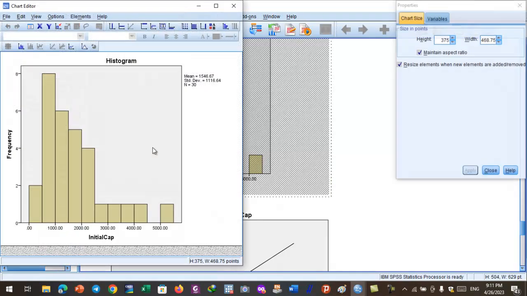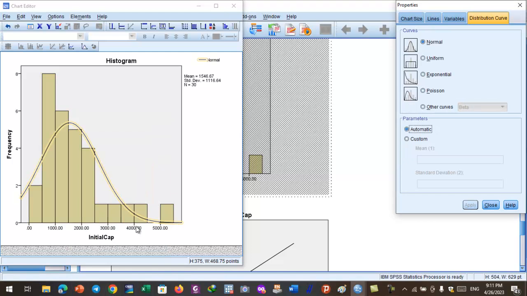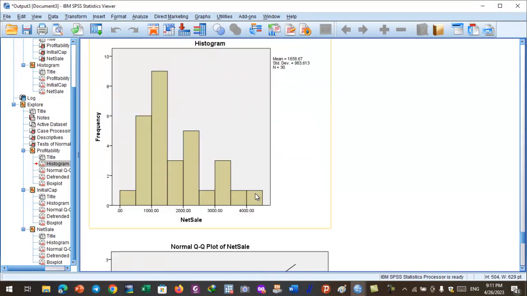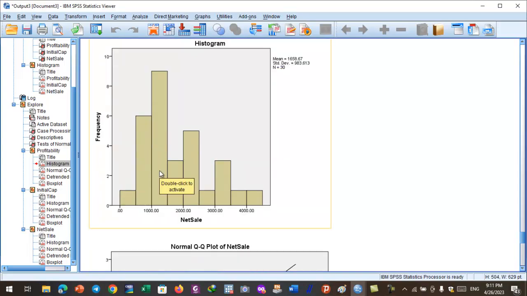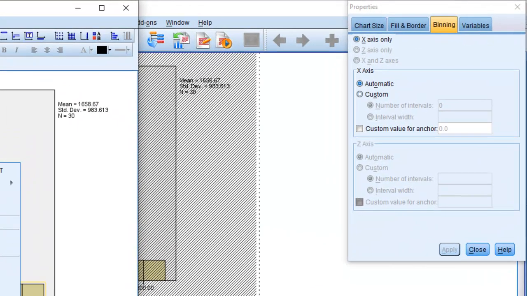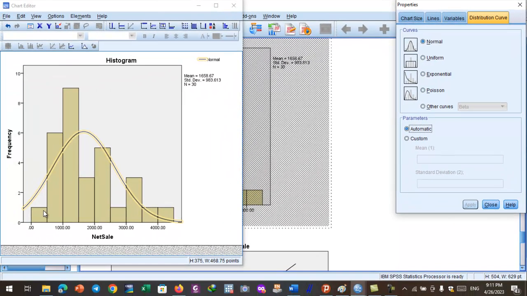You can check by showing the normal curve. It is negatively skewed again. And here for the net sale, it is relatively good, but you can show the distribution curve and look here. It is really good relative to the first two variables.